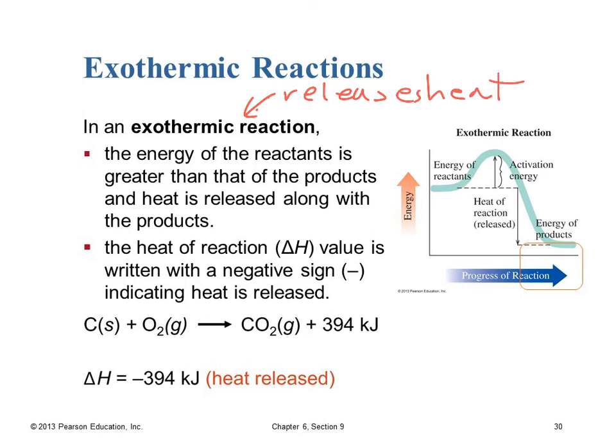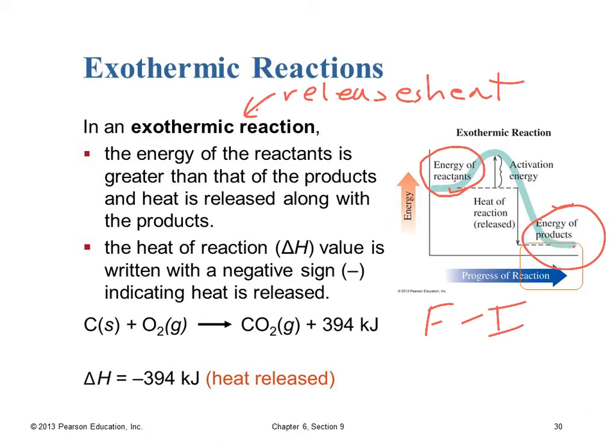In order for it to release energy, since energy can't be created or destroyed, the energy of the reactants has to be greater than the energy of the products. And because we always subtract the initial state from the final, remember, final minus initial, and the final is lower than the initial. We can see that on our diagram.